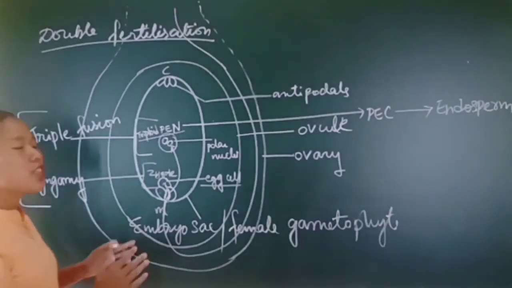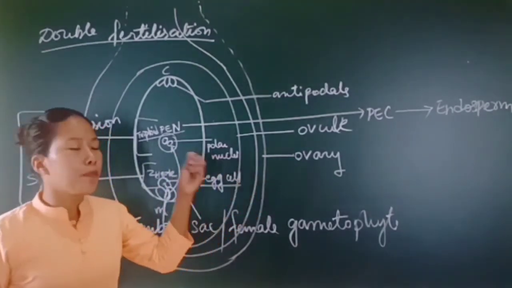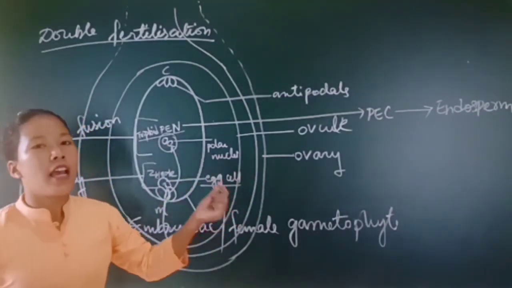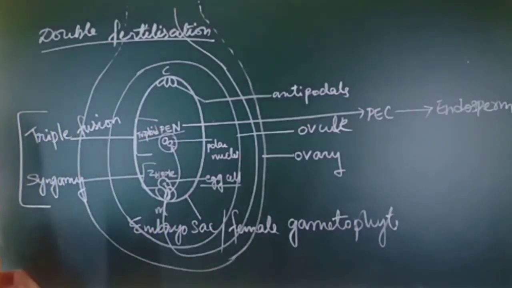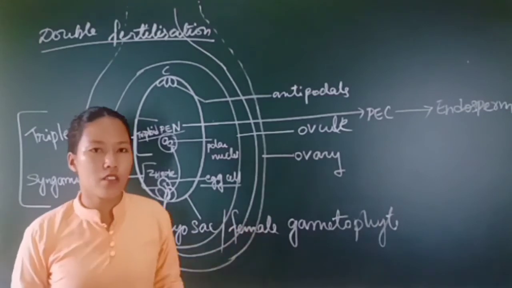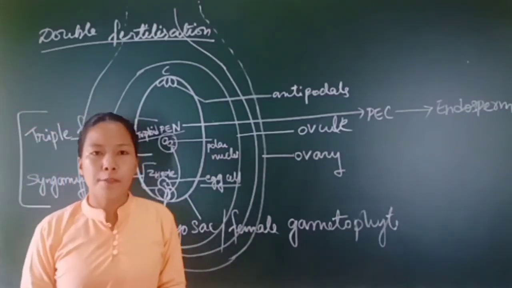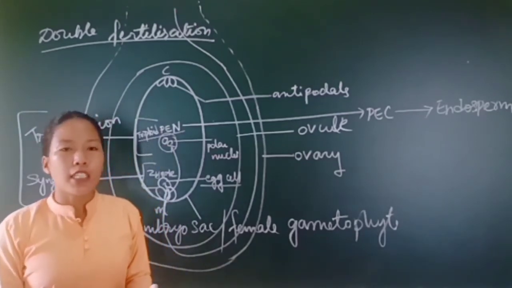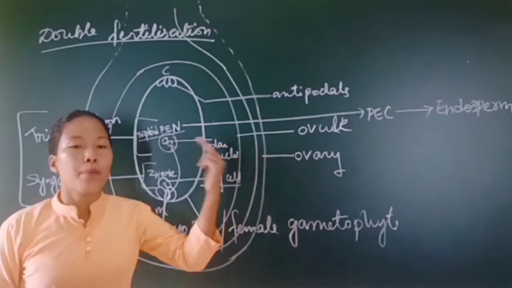Now fertilization has already taken place. Now it's time for the plant to produce seeds and then fruits. In the next topic we will study post-fertilization structures and events. In the beginning of this chapter I told you we would study pre-fertilization structures and events, the structure of the male and female parts.